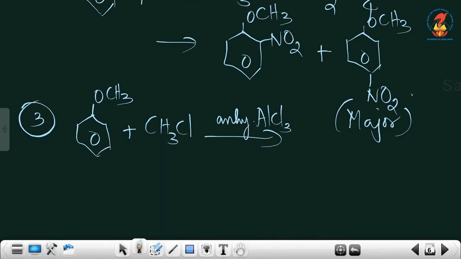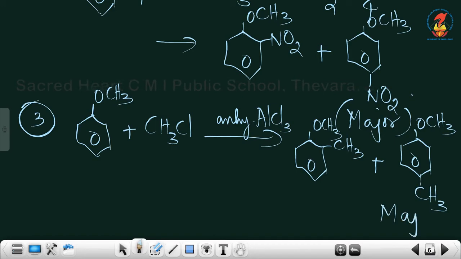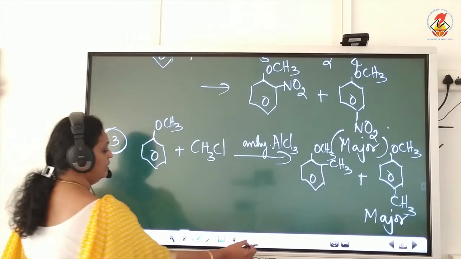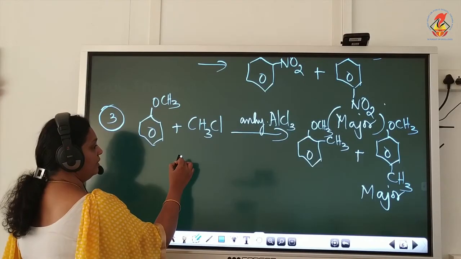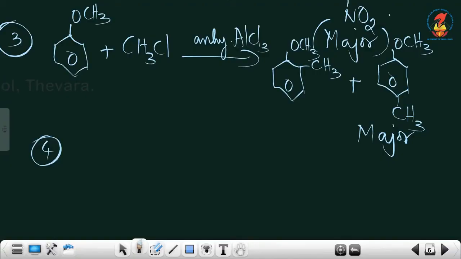Now, the alkyl group is introduced at the ortho and para position in Friedel-Crafts alkylation. OCH3, CH3 plus, and this is the major product. Now the last example is Friedel-Crafts acylation. The fourth example is Friedel-Crafts acylation.